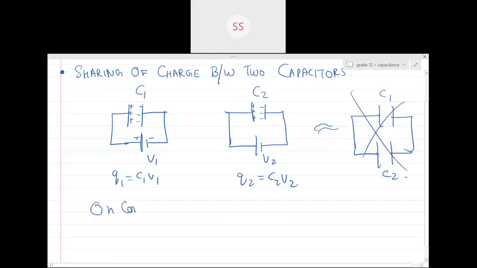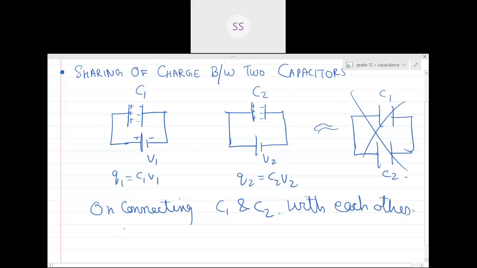On connecting C1 and C2 with each other in such a way that now there will be two different cases in which I can connect it. I removed it from V1 and V2, and I'm now connecting this charged capacitor C2 and charged capacitor C1 with each other. So I can connect them in two different ways.